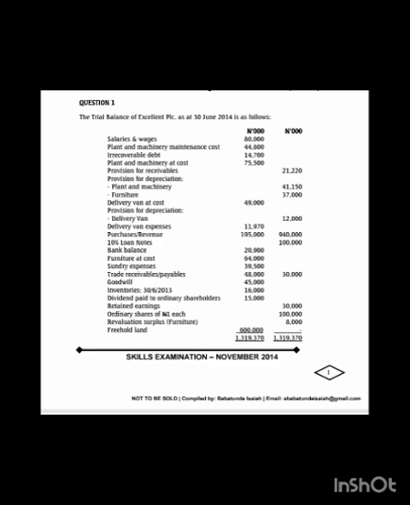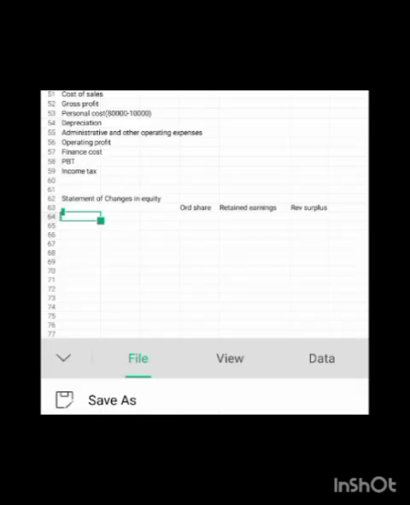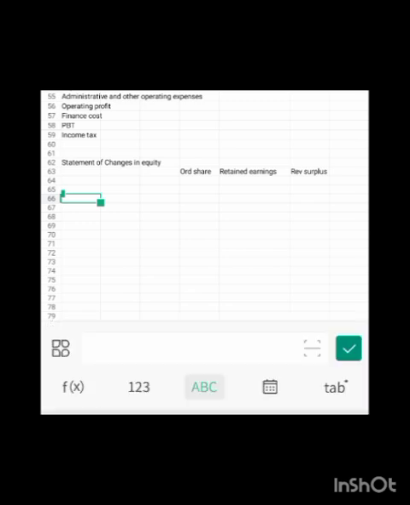Statement of changes in equity, balance b/d.